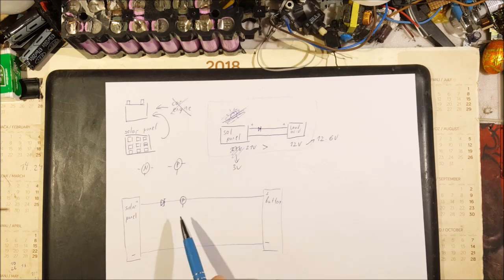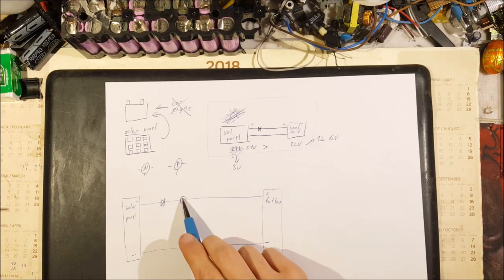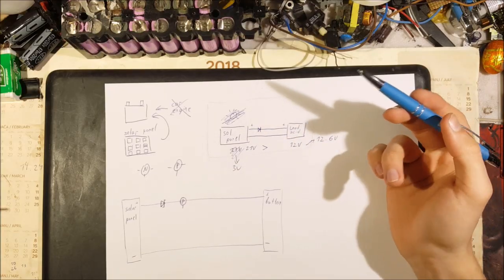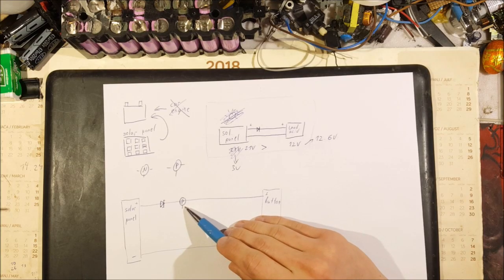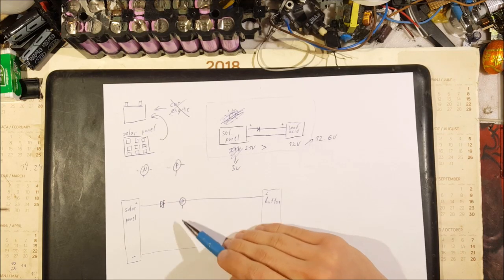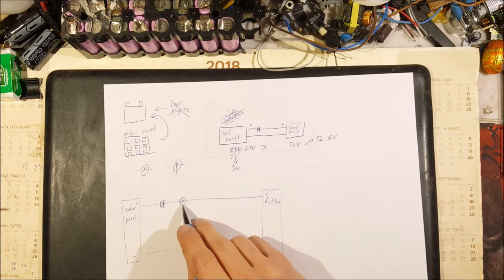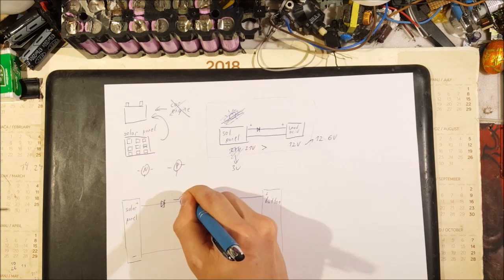Now how do we control this little P-channel MOSFET? An important thing to know about a P-channel MOSFET is how it really works. This is the gate of the MOSFET, this third pin, and if it is pulled down to the negative wire, the MOSFET will act like a closed switch and let the current flow through.